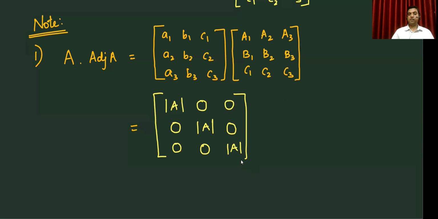So if I pull out the determinant, it comes out of the entire matrix.